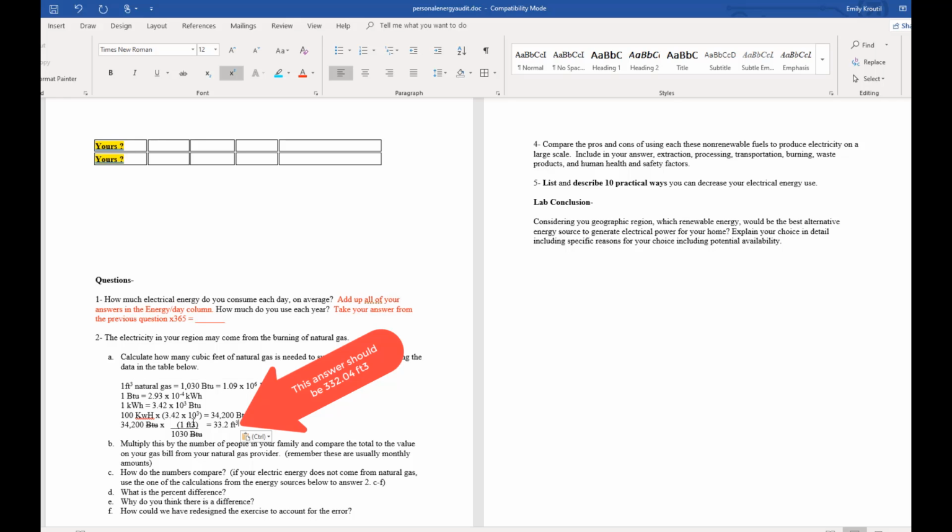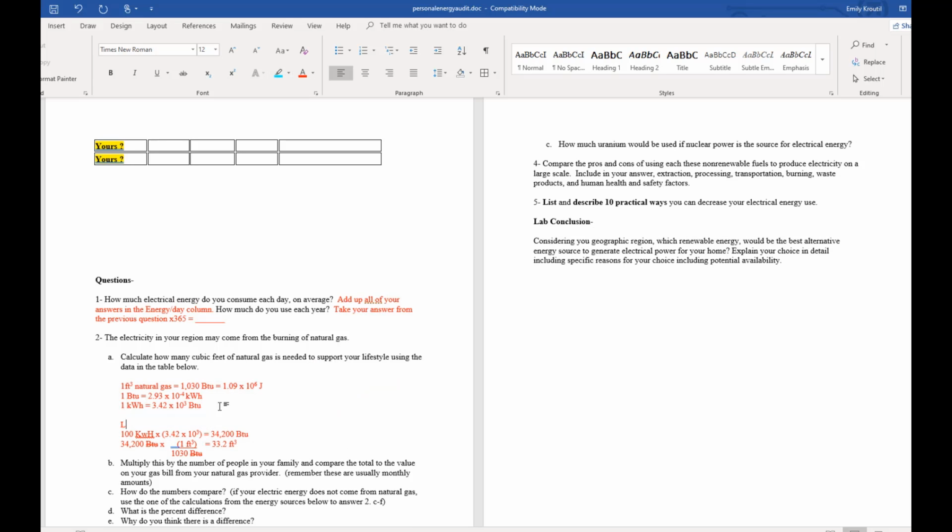That was if it was 100. Obviously your answer is not going to be 100. I've just made this up because I wanted to give you an example. And that would be per day because I said kilowatt hours per day.